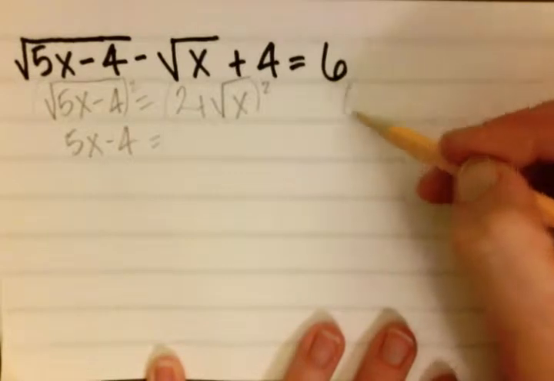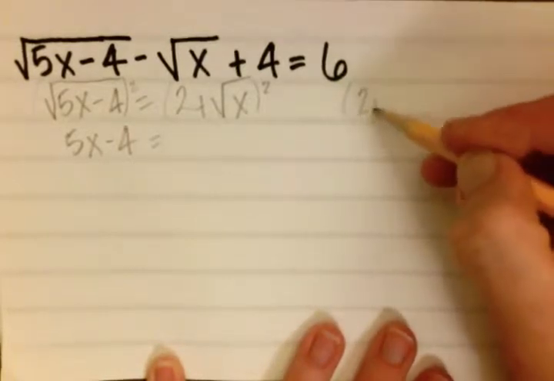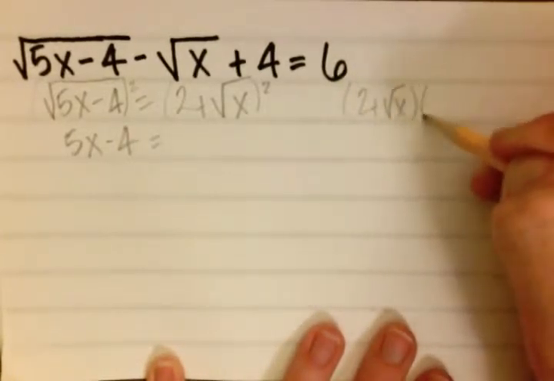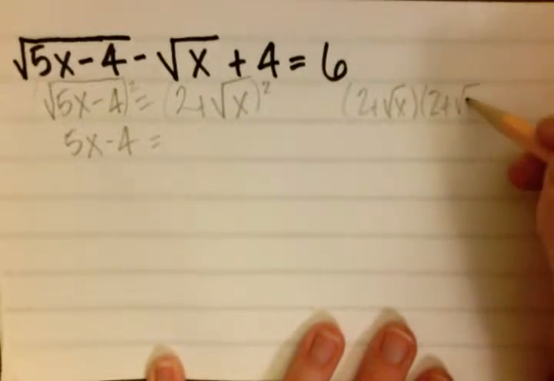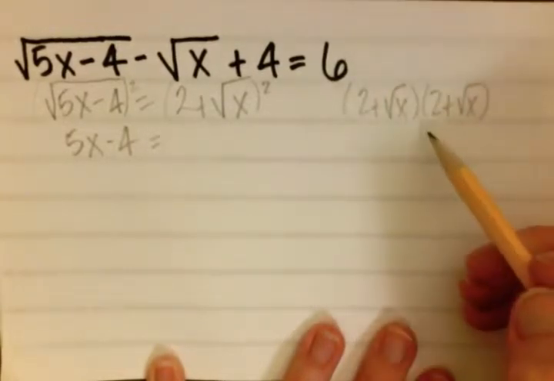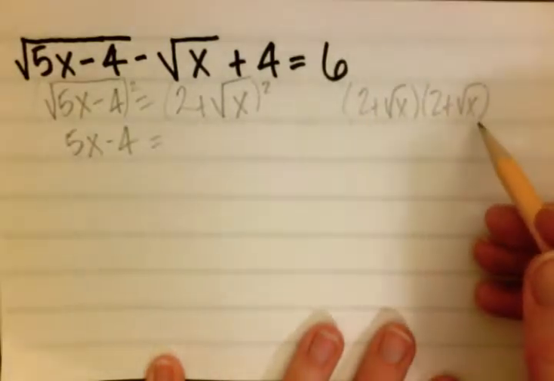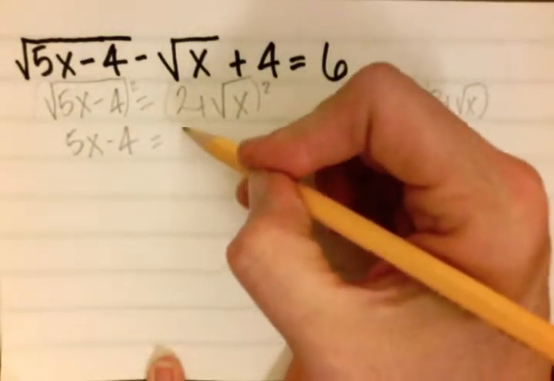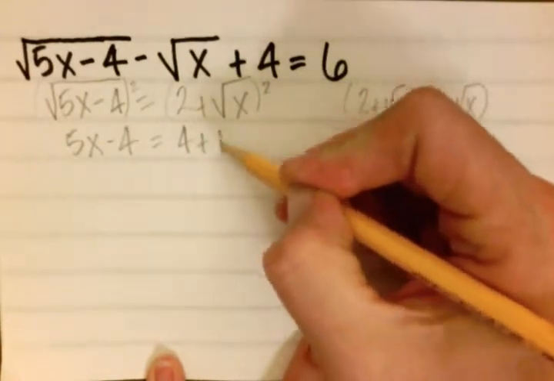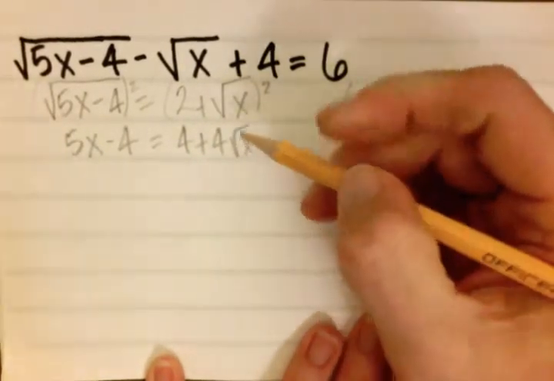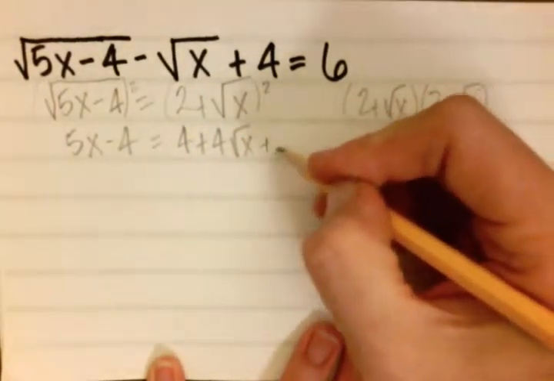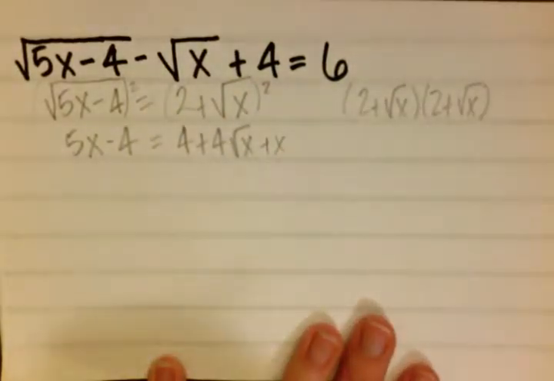Remember the way we'll solve this, I'll just do this as a quick side note: 2 plus the square root of x, multiply that by 2 plus the square root of x. When we do that, we get 4 plus 4 square root x plus x.